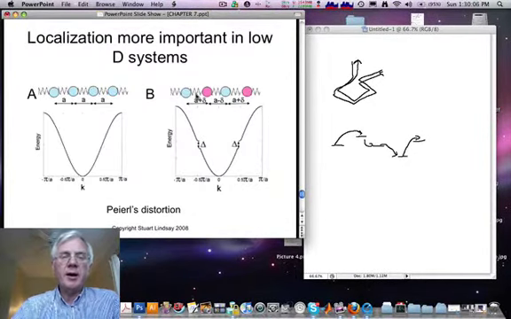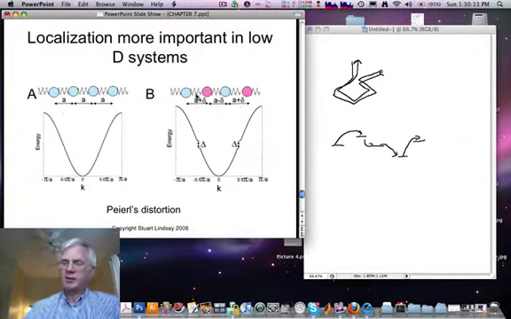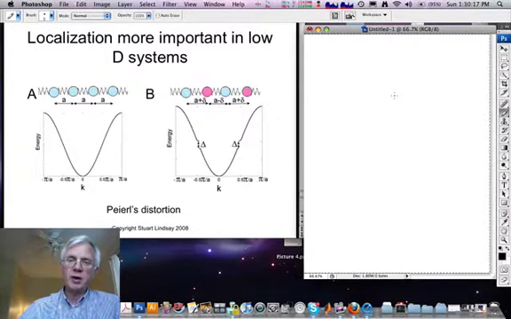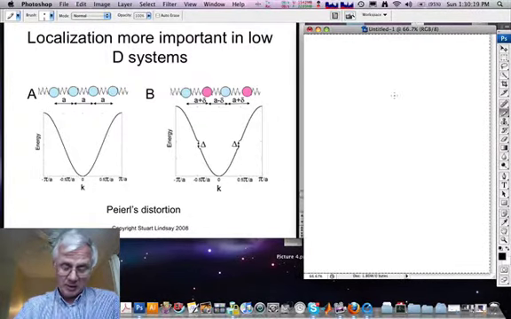Another type of localization is very important, specifically in one-dimensional systems, and relevant to the whole issue of conducting polymers, of which more in Chapter 8.